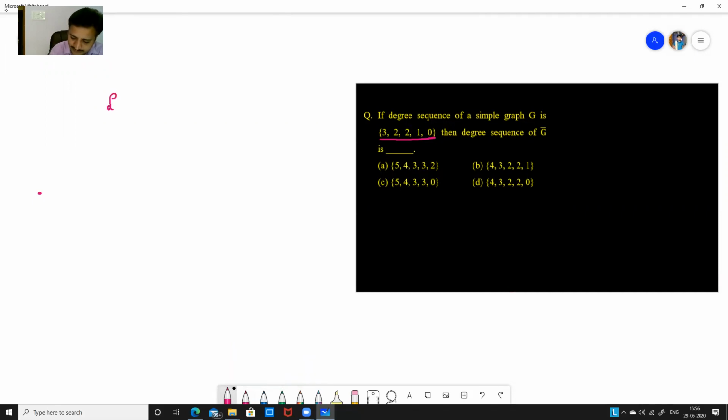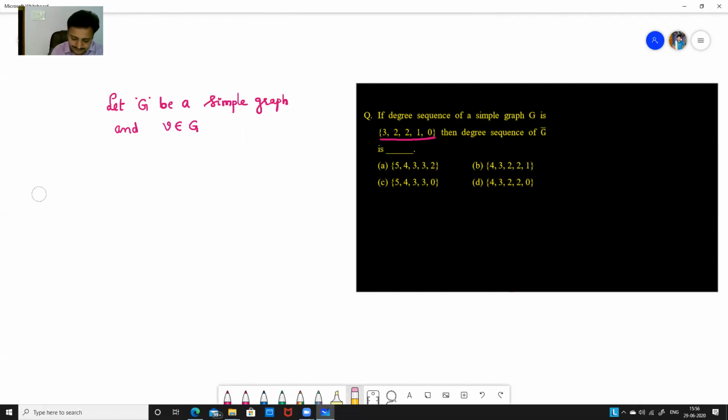Suppose G is a simple graph, and assume that V is a vertex which belongs to G. Now, you have to remember this principle.